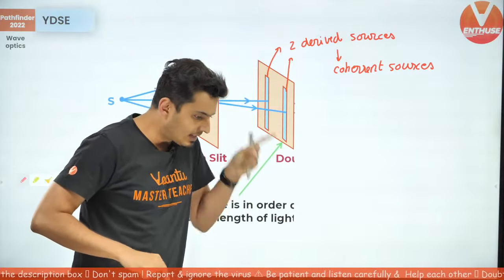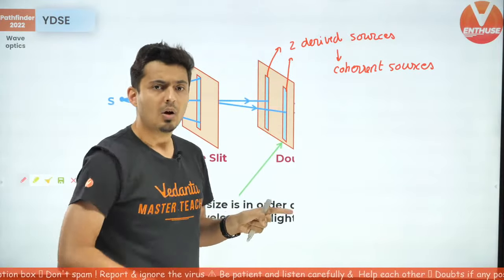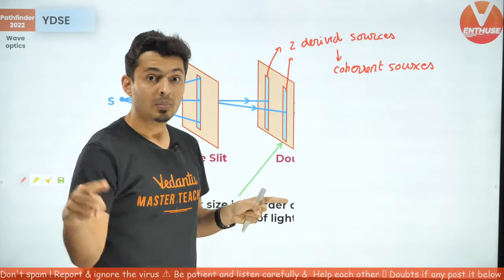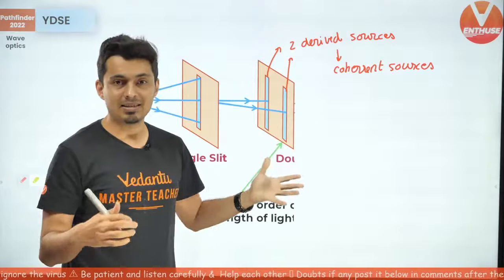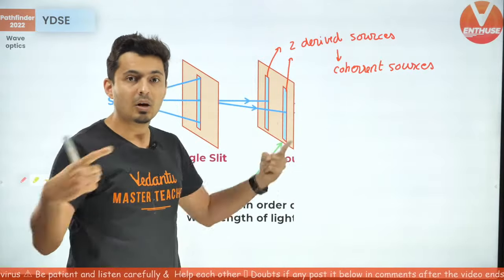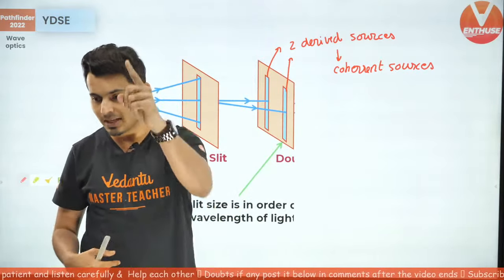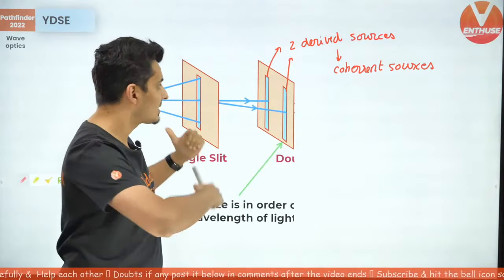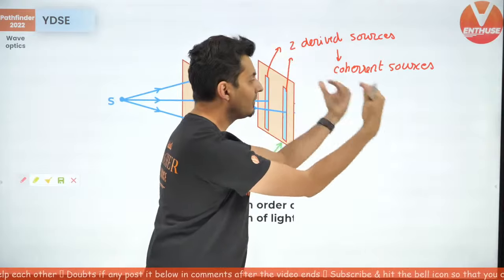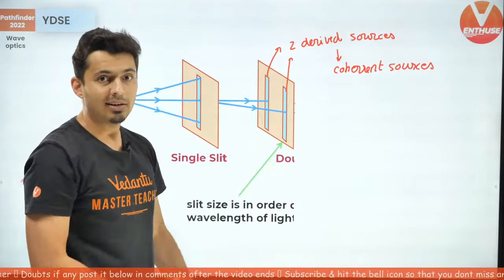If there is a crest here, there will be a crest there. Or if there is a crest, there will be a trough. There is no ambiguity in that. There is no mismatch in that. There is always a sync. They are always related to each other. Make sense?